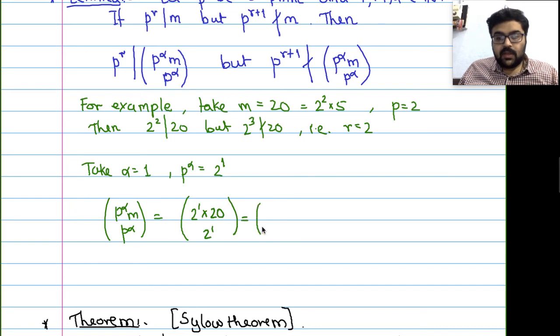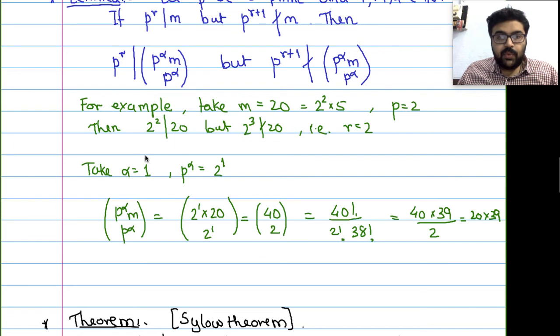So this is 40 choose 2, that is 40 factorial upon 2 factorial into 38 factorial. This is nothing but 40 into 39 upon 2, which is 20 into 39.